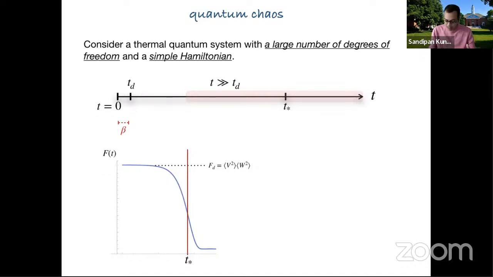After the scrambling time, the OTOC decreases further, and it becomes vanishingly small if you wait for a long time. Another point that I should have mentioned before is that for the class of systems that we are considering, these two time scales, the dissipation time and the scrambling time, are parametrically separated. Since the scrambling time goes as log of entropy, and the dissipation time is of the order of beta, we can see that there is a large separation between these two time scales.